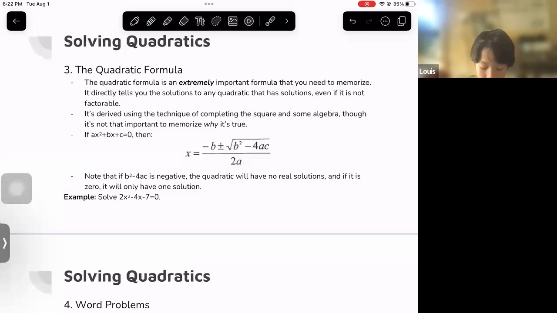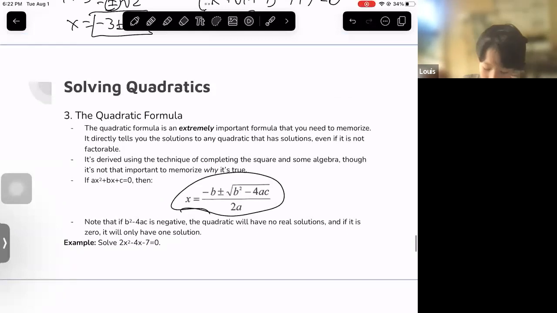So if ax squared plus bx plus c equals 0, then we have this. Actually, it's not really hard to prove it. So I can try to prove it right here. So we have ax squared plus bx plus c equals 0.